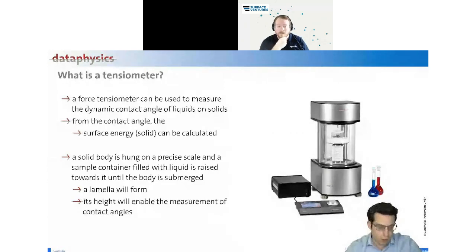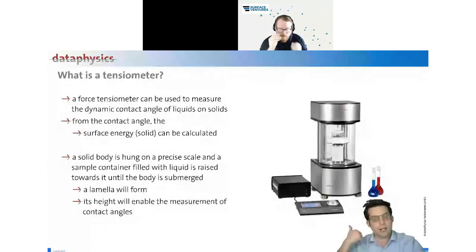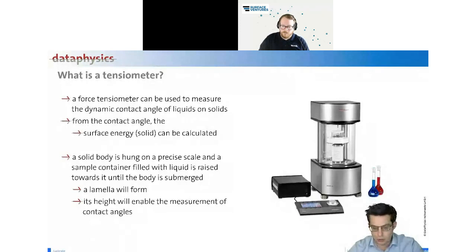But modern tensiometers are in fact much more powerful. They can automatically measure critical micelle concentration. They can do adhesive force measurements. And what we will show you today, they can measure dynamic wettabilities and dynamic contact angles on different substrates. The substrates can be powders, they can be fibers, or they can be the implants that I want to show you today.